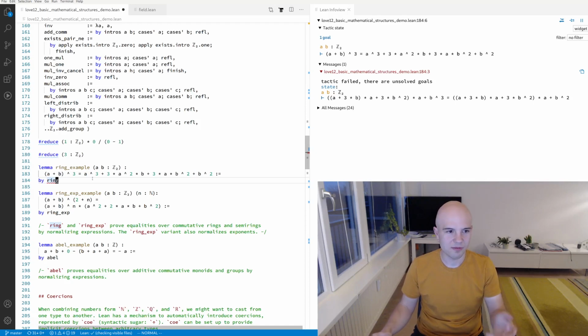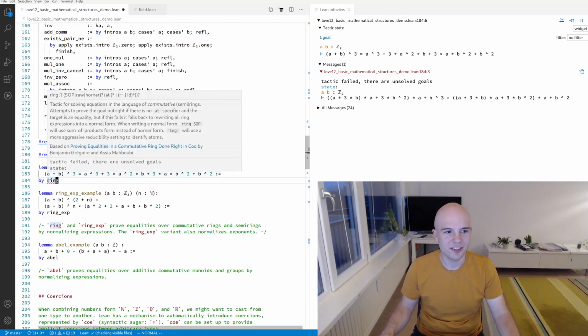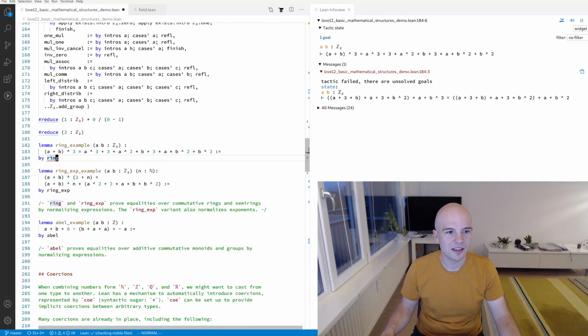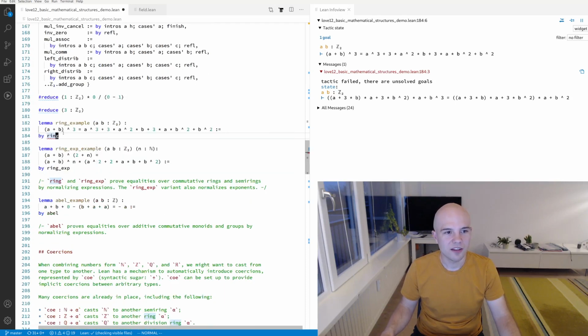There are several modes that you can use to customize this output here. Check out the documentation. This is a good idea. And then try out the options. So this works if the exponent, this power operation here, only has numerals as arguments.